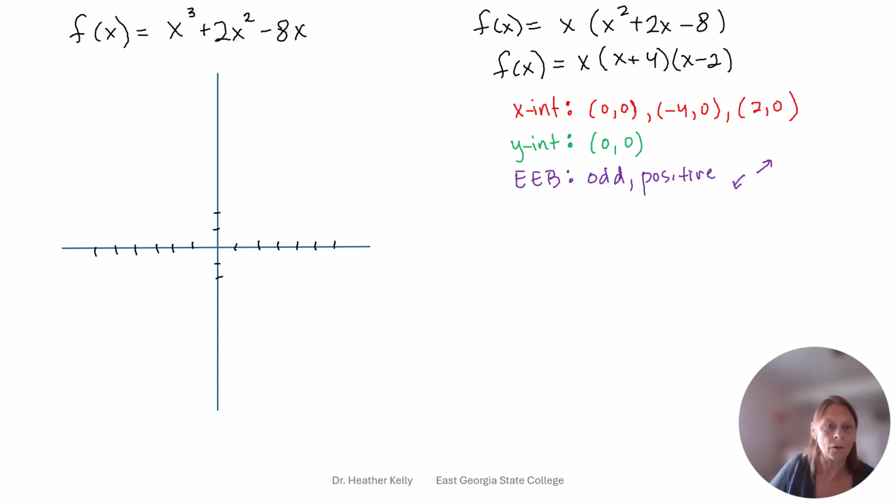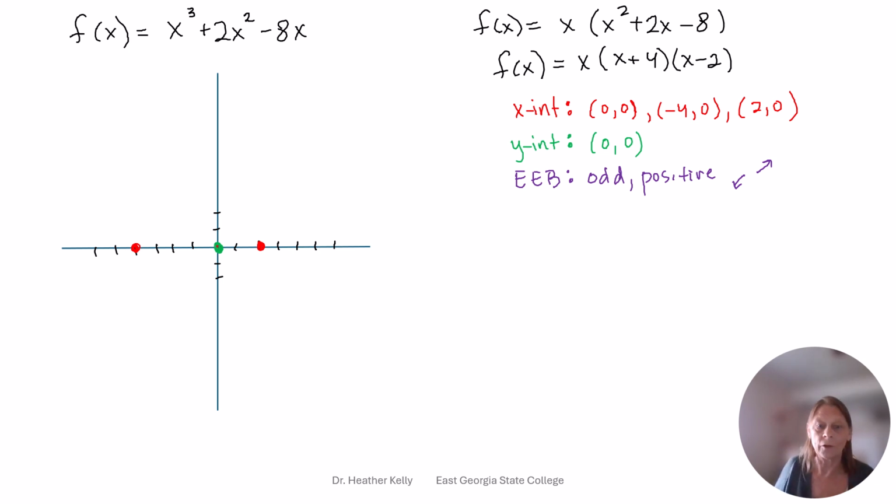Putting in our x-intercepts 0, 0, negative 4, 0, 2, 0. Awesome. Our y-intercept is also 0, 0.